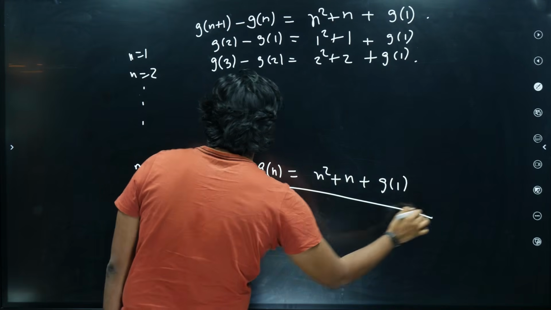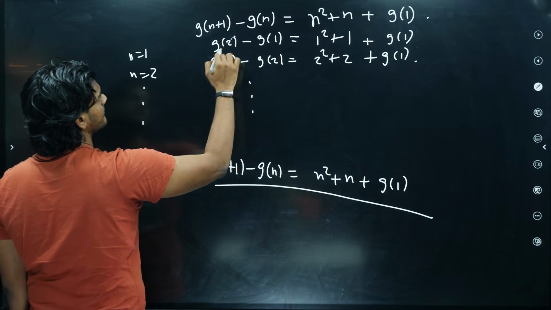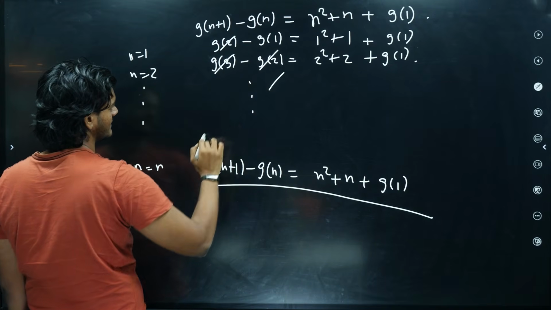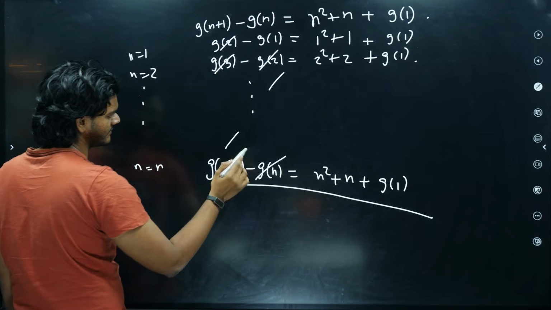Now if you add all of these, you will see that g of 2 gets cancelled, g of 3 gets cancelled, and so g of n gets cancelled.